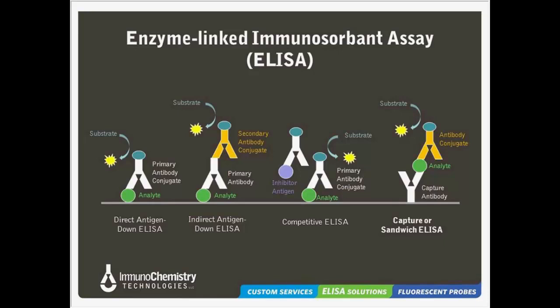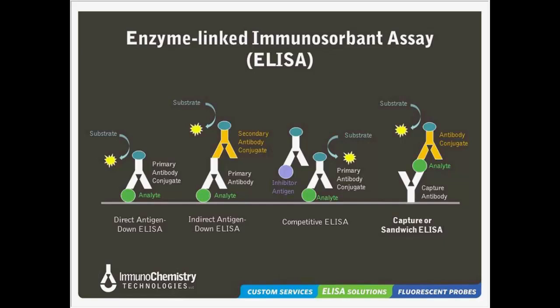You have a known amount on the plate, then you incubate with your sample, and those samples will contain various amounts of, you think, this other analyte, and we use an inhibitor, but it could be just your analyte you're looking for. And so the more that you have present in your sample, the less antibody is going to be able to bind to the plate because it's going to be tied up by the analyte that's present in the serum sample or whatever your sample is.